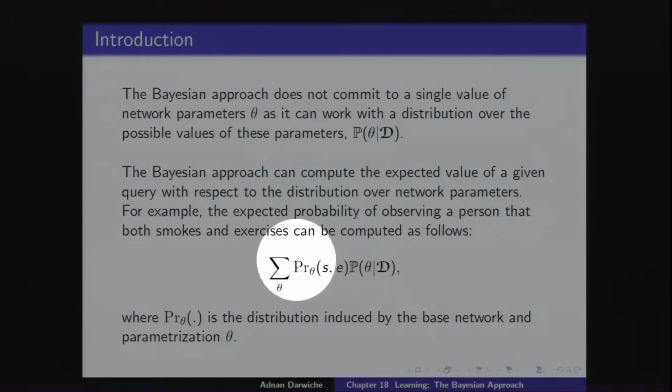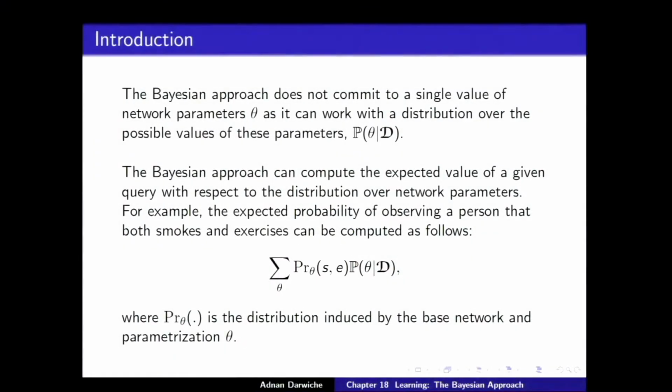See what's going on here? I can give you an answer back to the query of what is the probability that someone smokes and they also exercise. I can do that without committing to a specific parameter estimate. I can average over all of them and weigh by their probability, where this probability is computed based on the data set. It's kind of an expectation.